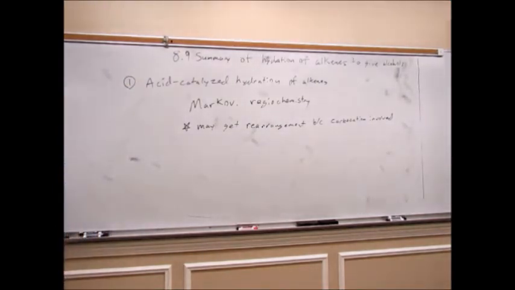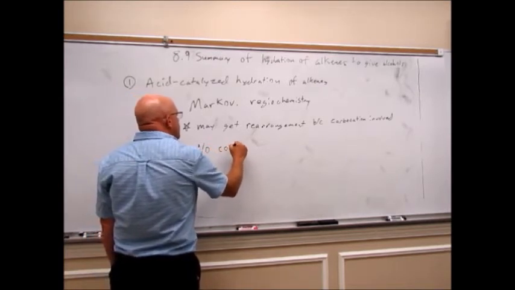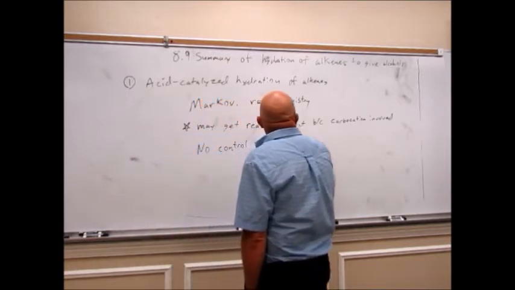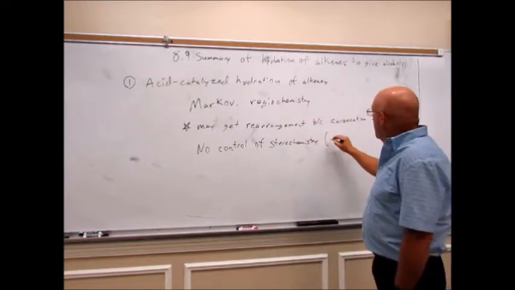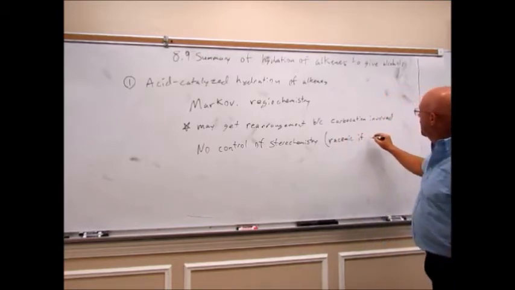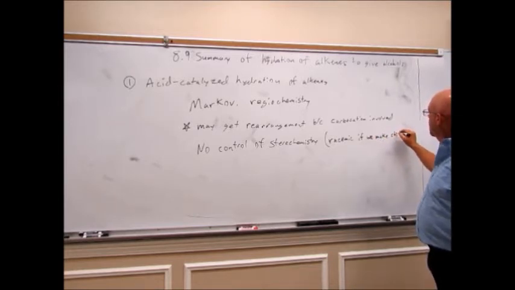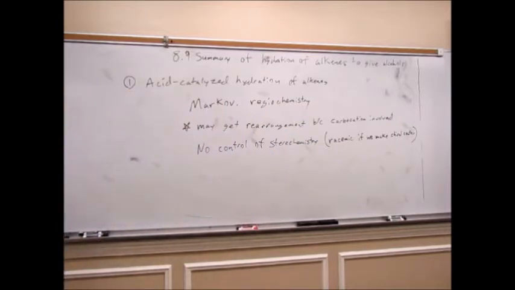As far as stereochemistry goes, there was no control of stereochemistry. In other words, if you create a chiral center, we will have a racemic mixture. If you're making a chiral product, it will be racemic because we're going through an achiral carbocation.